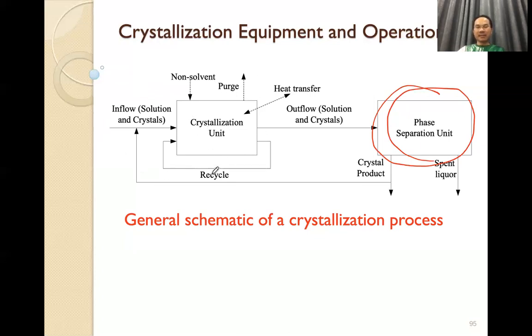In the crystallization unit, some non-solvent or solvent may be fed to the crystallizer to induce crystallization by anti-solvent crystallization. If we have some vapor, we can push it out, and also we have some heat: in evaporation you heat in, in cooling you heat out from the system.